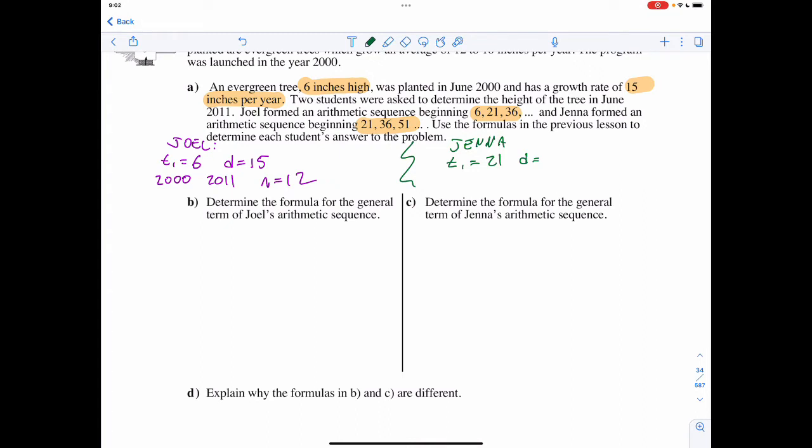So her term numbers are based on the number of years that have passed, not what the starting year was, which means that she's going from 2001 to 2011, or that 11 years have passed, which means that her term number is going to be 11. But she still has the same common difference of 15.